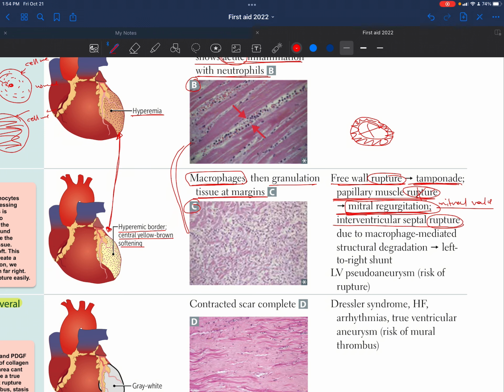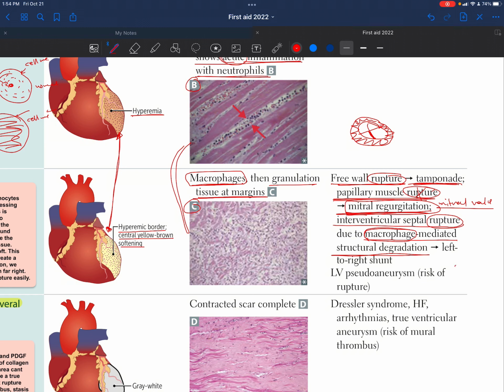The third thing is interventricular septal rupture. It's the septum between the two ventricles, so it's this septum. If it ruptures, it would happen due to macrophage-mediated structural degeneration. It may rupture because the macrophages start doing some processes that cause this structural degeneration.